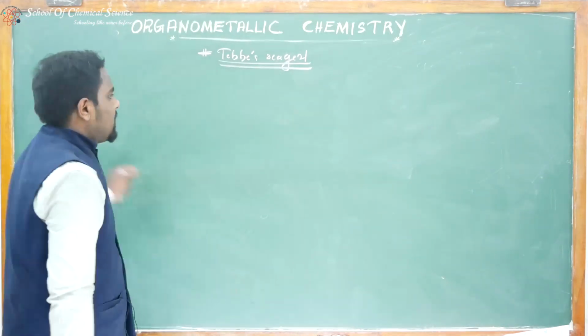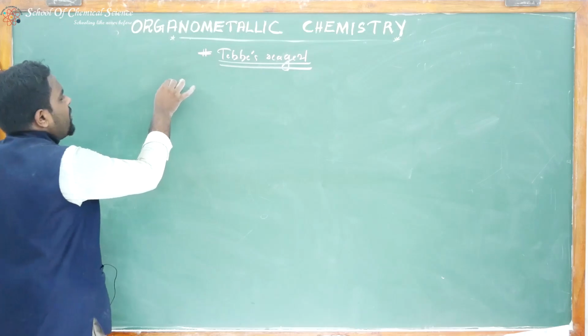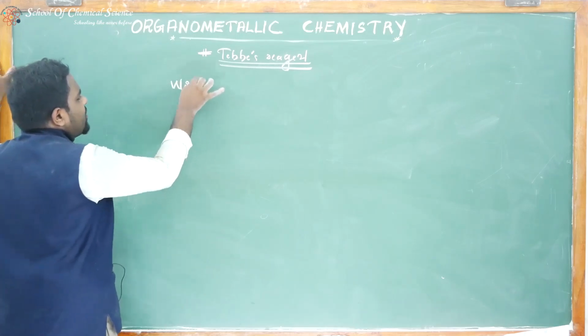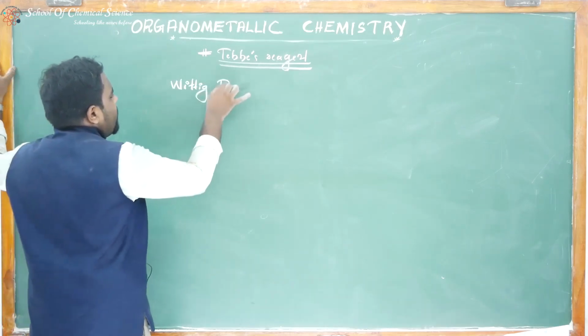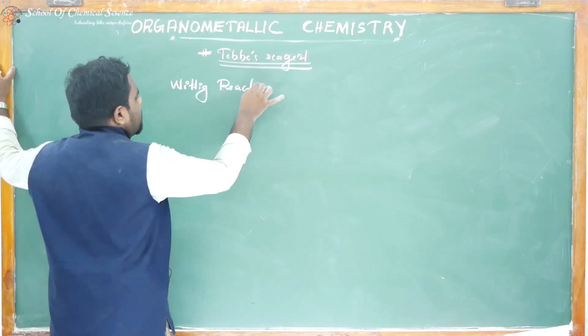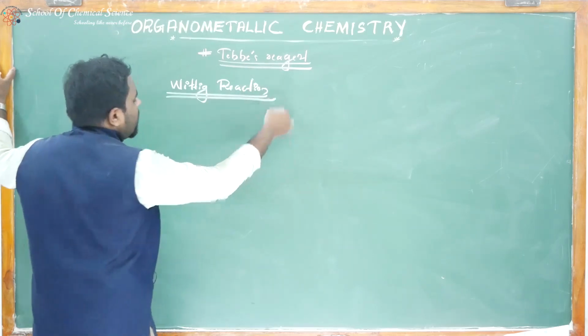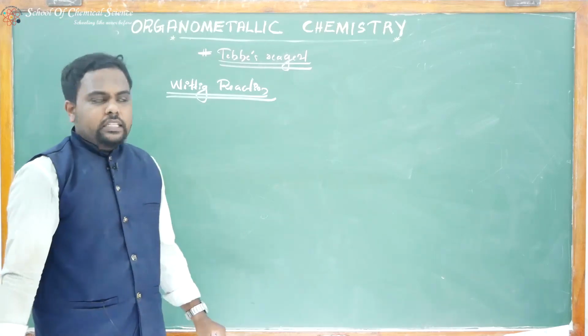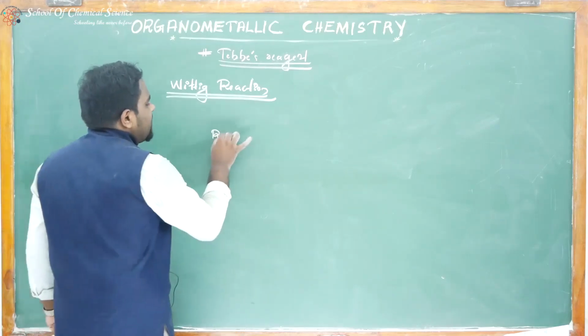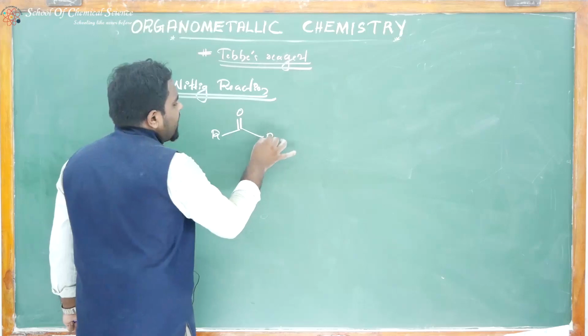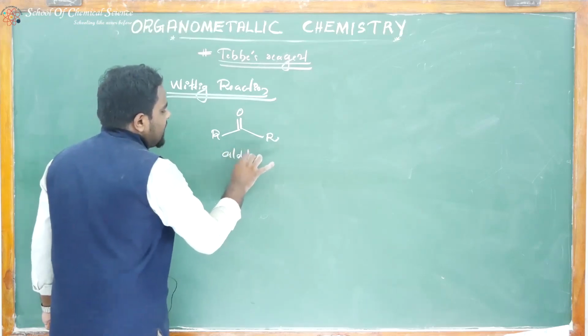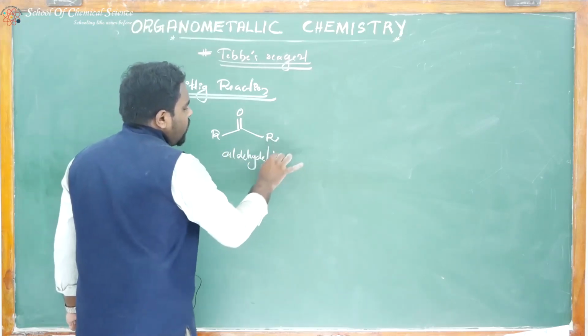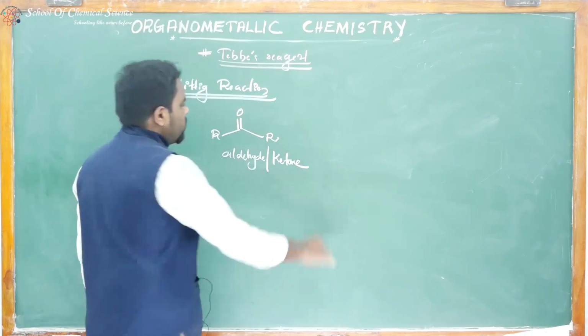That means, please listen. You know about the Wittig reaction. In organic chemistry, we discussed the Wittig reaction. You know how to write the product of a Wittig reaction. In the case of the Wittig reaction, the reactant is an aldehyde or a ketone.